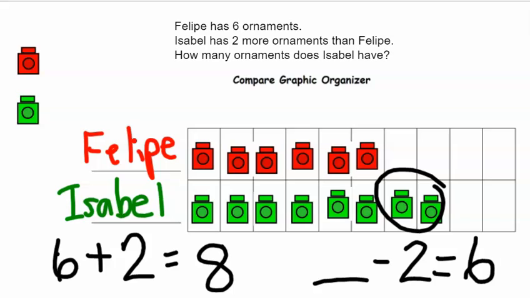How many did she have to have? That's right, 8. So we know if 8, and we took away the 2 more that she had than Felipe, then we're left with 6, which is the same amount that Felipe had. Great job today, boys and girls, thinking about how many more.